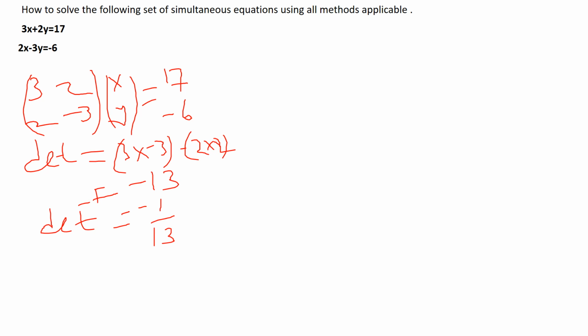So the next thing that we need to do is to get the inverse of our matrix.